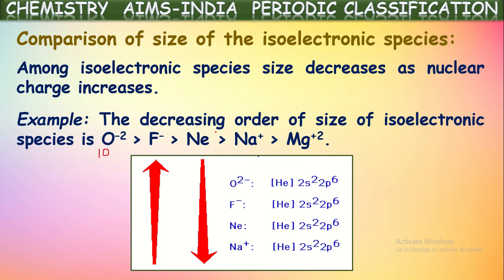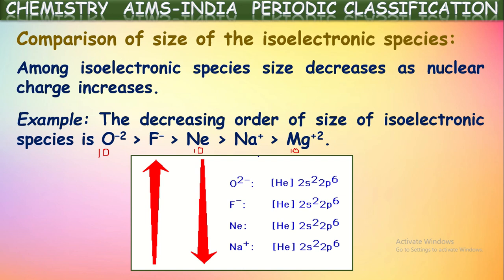If we see some other, for neon, we know atomic number of neon is 10, so it has 10 electrons in it already. If we see magnesium, we know the atomic number of magnesium is 12, and it is shown here with +2 charge. So we can understand here, it lost 2 electrons, so it will remain with 10 electrons.